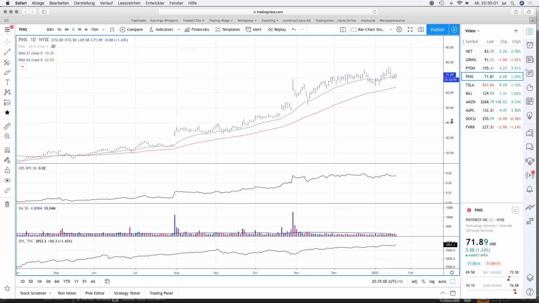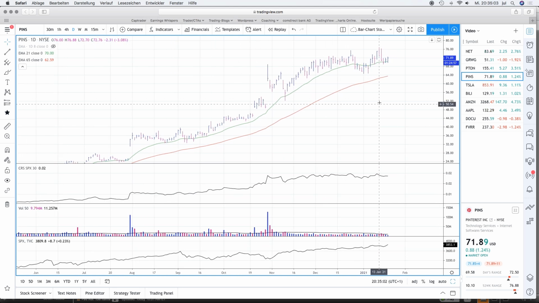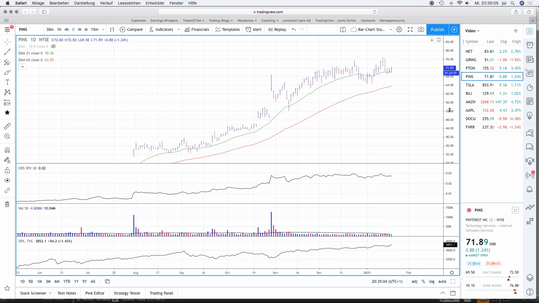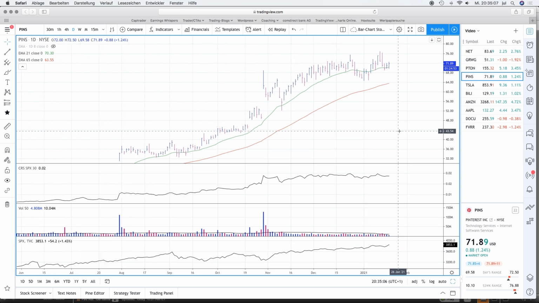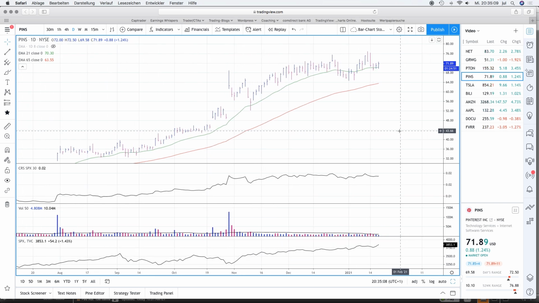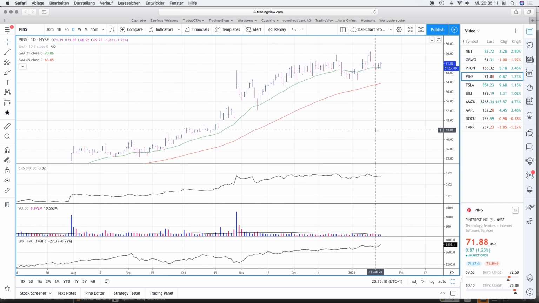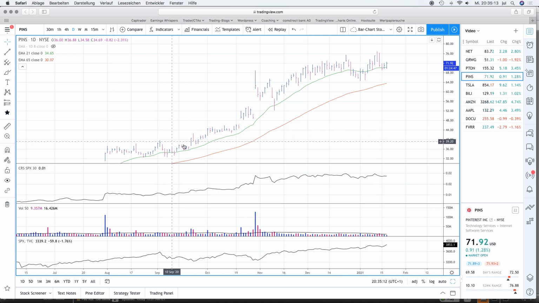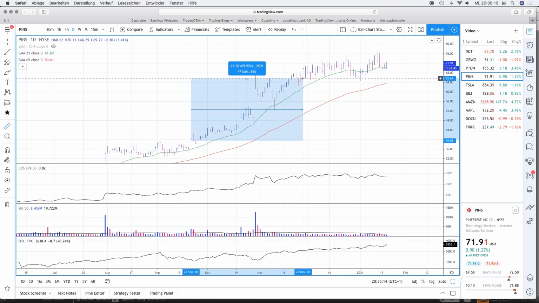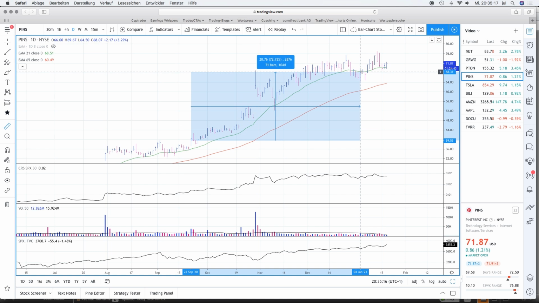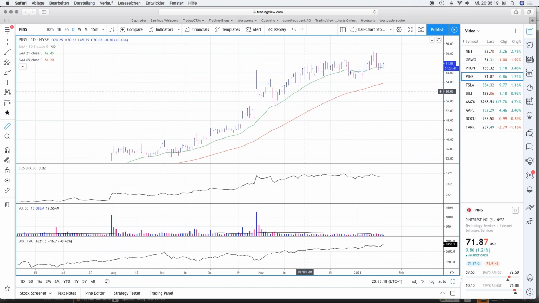Pinterest, for example, is a very good example for that. By the way, I made another video about Pinterest and the trade I did in Pinterest. So from the beginning to here, a 70% up move I traded here.